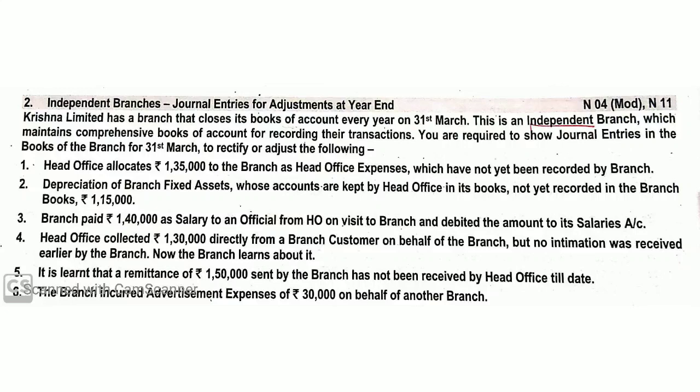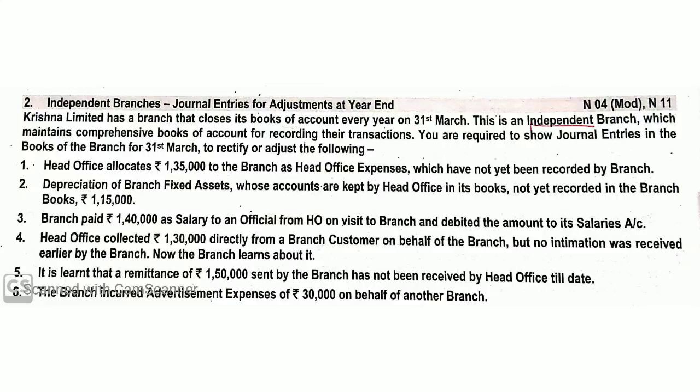And then the third transaction: branch paid rupees 1,40,000 as salary to an official from head office on a visit to branch and debited the amount to its salary account. Actually salary is only for the persons who are working in the branches.